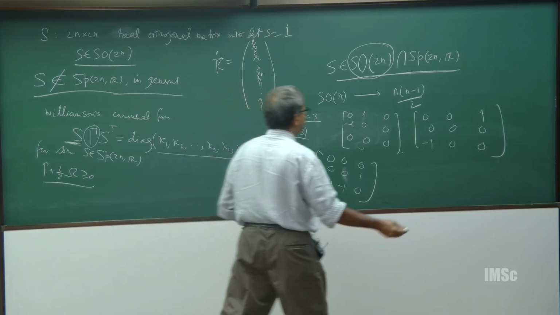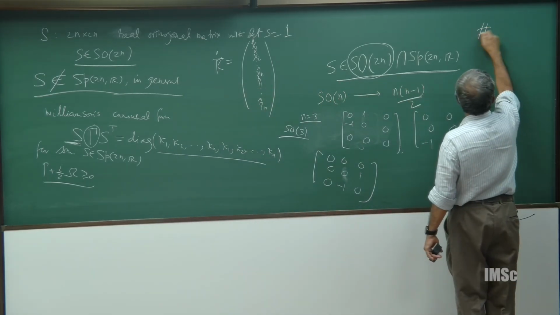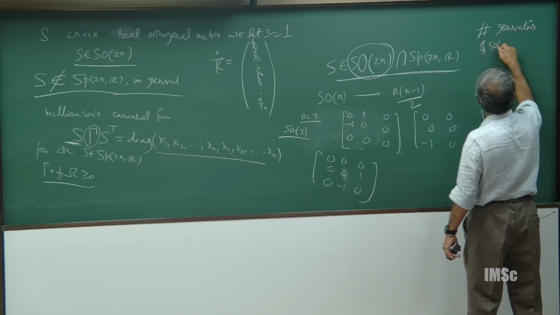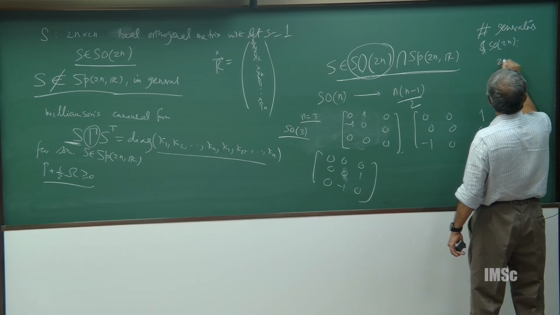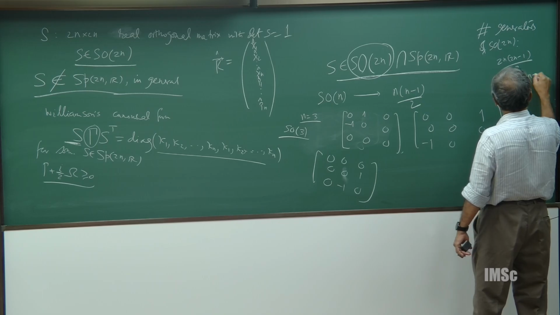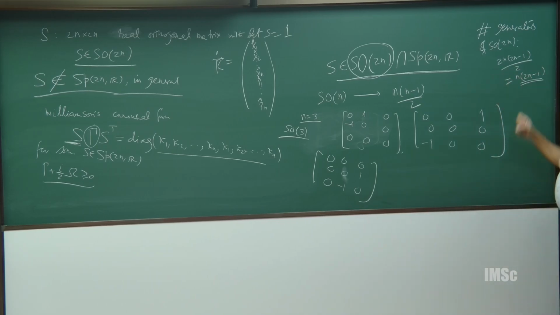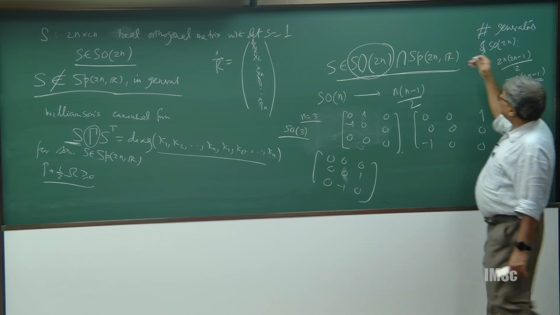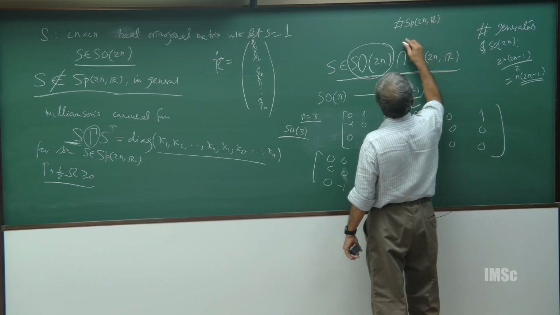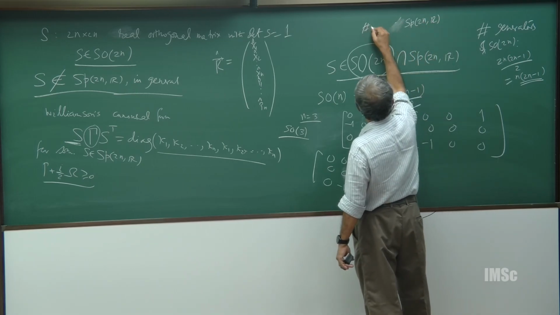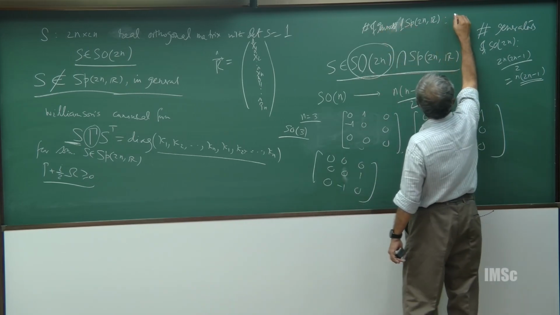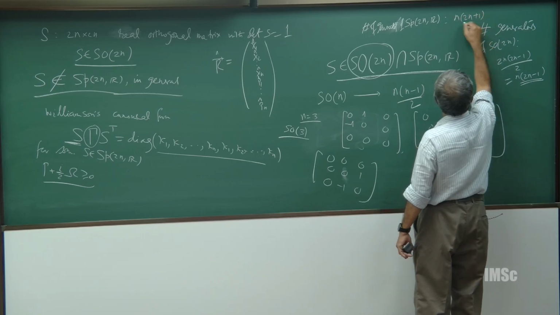For SO(2n), the number of generators is 2n(2n-1)/2, which is n(2n-1). While the number of generators of Sp(2n,R) is n(2n+1).